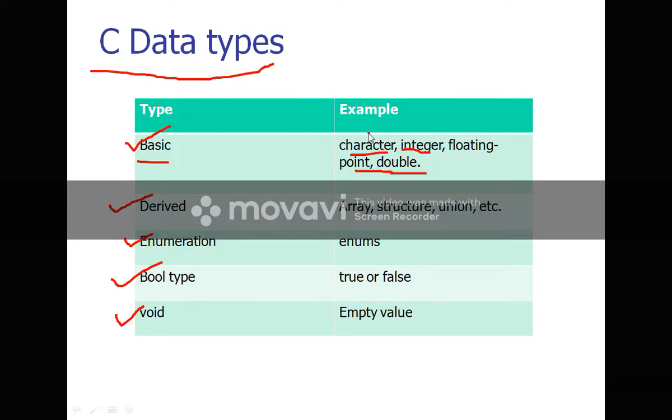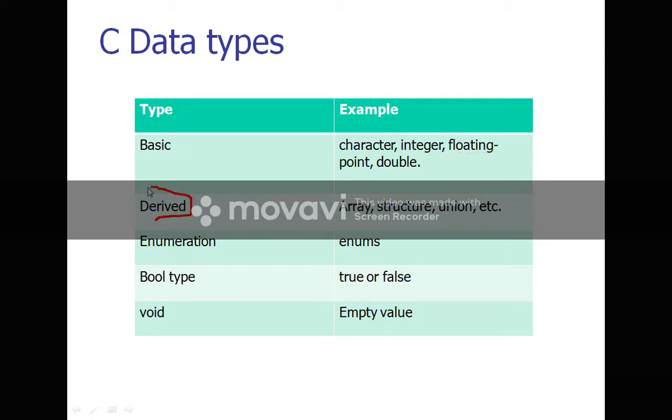Character data type is used to store an alphabet or single character value. Integer data type is used to store the whole number, and floating point data type is used to store a decimal value or decimal point values. And the next, double, is used to store large values.